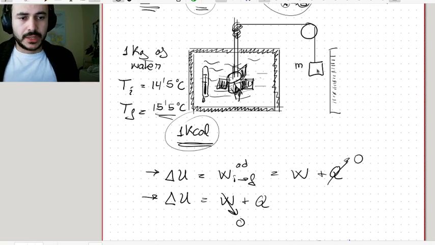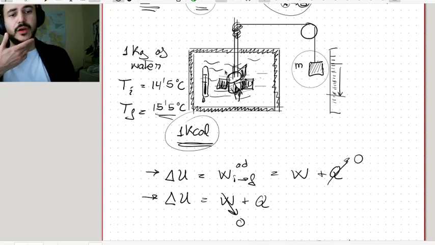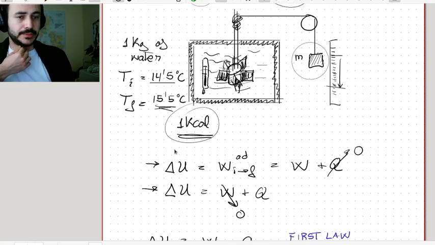So in this experiment, Joule was able, by looking at the change in the mass of this falling weight and the loss in potential energy, and neglecting any friction and any losses, to estimate how much work he had to do on the calorimetric water to raise its temperature by 1 degree.